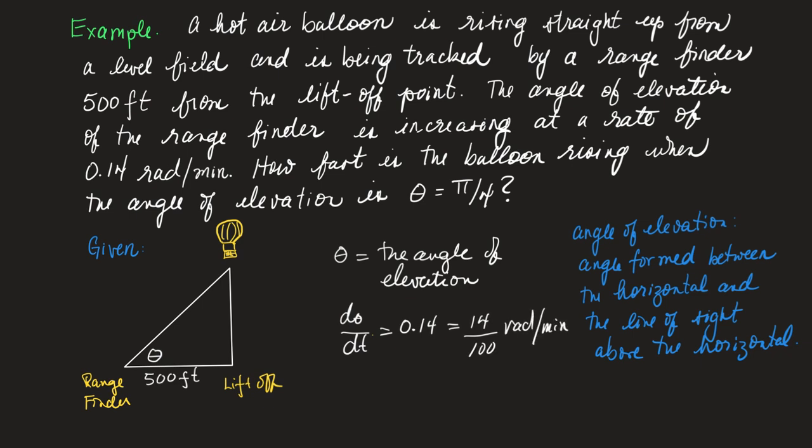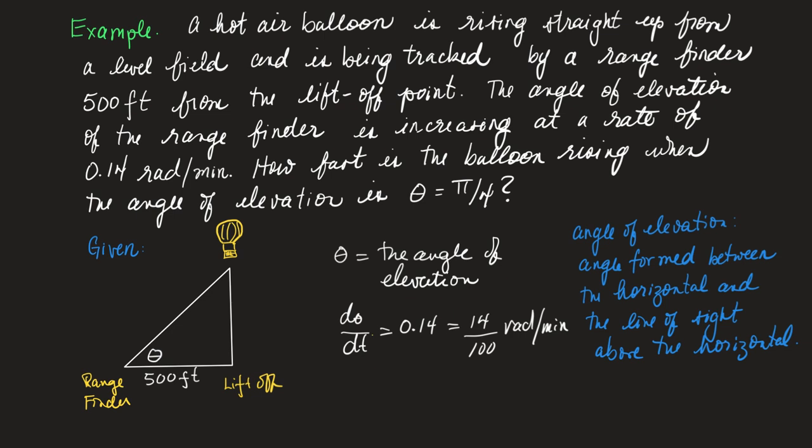Now, I always like to think about my rates in the problem and whether they're increasing or decreasing, because that's going to determine whether it's positive or negative. In this situation, you can see that as the balloon rises, that angle is increasing, right? So it should be positive.